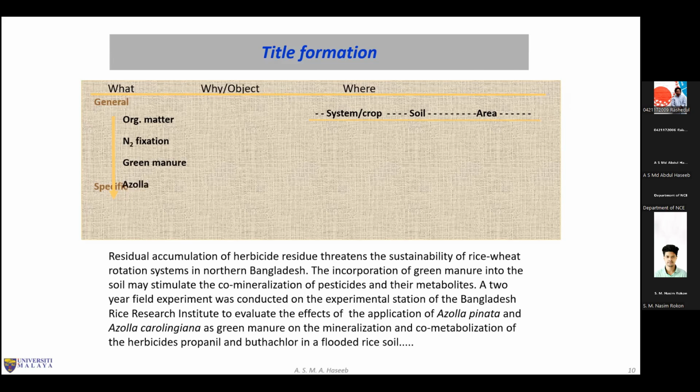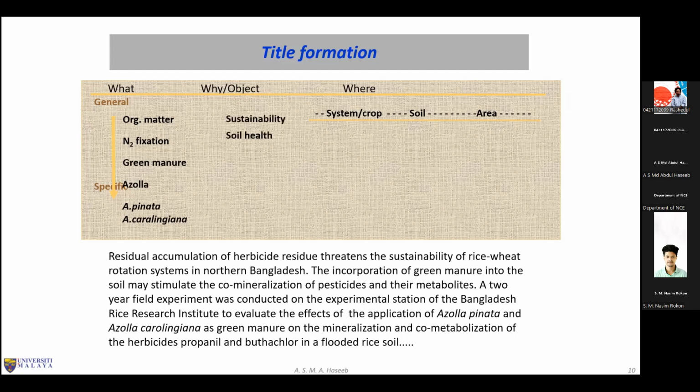And in this green manure, we have this microorganism. The family of the organism is Azolla. And there are 2 specific types of organisms here: Azolla pinnata, Azolla carolingiana. So this is the most specific information that we have under this heading.